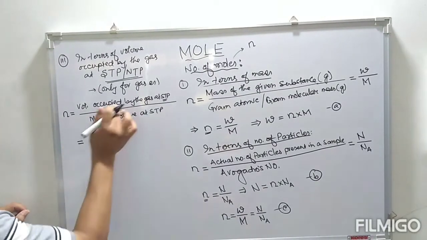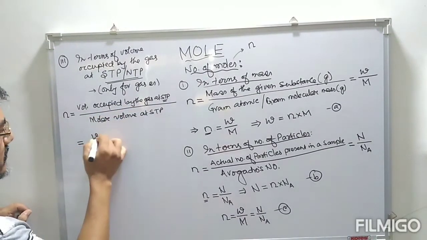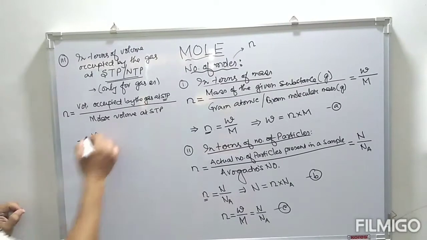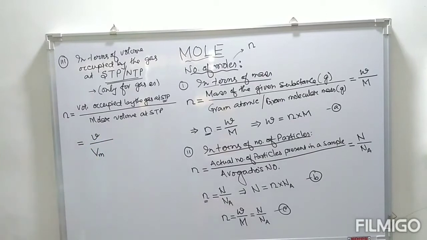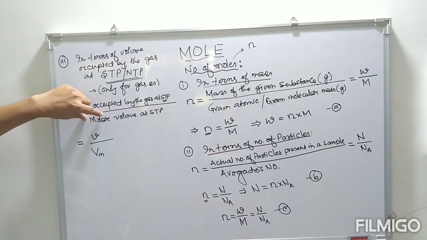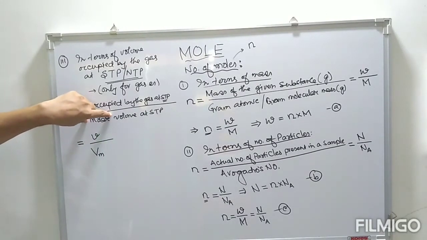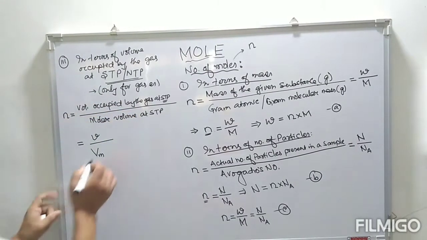So let the volume occupied by the gas at STP be divided by the molar volume at STP. Molar volume at STP means the volume occupied by 1 mole of gas at STP.